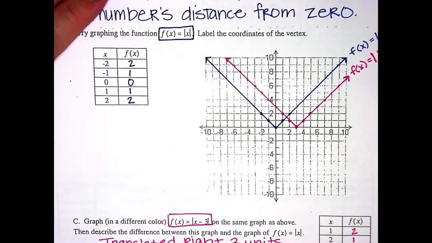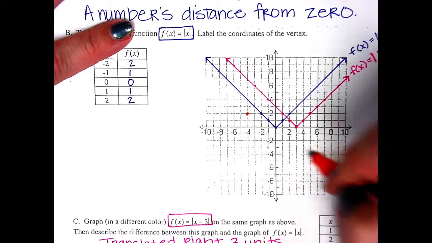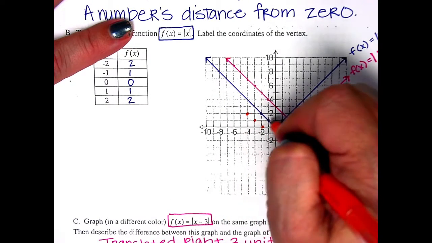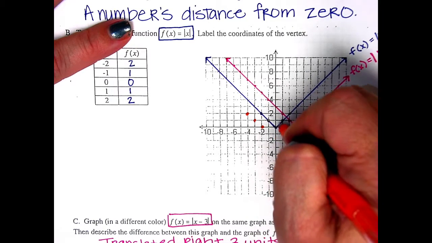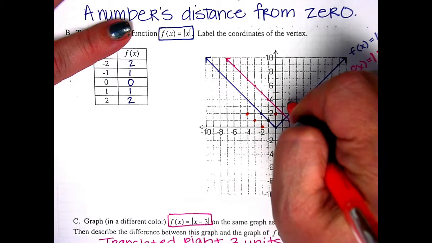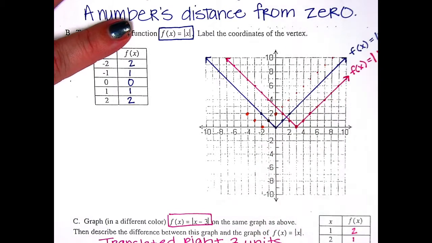So again, back to the coordinate plane, and I'm going to graph those. So negative 4, 2. Negative 3, 1. Negative 2, 0. Negative 1, 1. And 0, 2. And again, I'm going to give myself extra points.